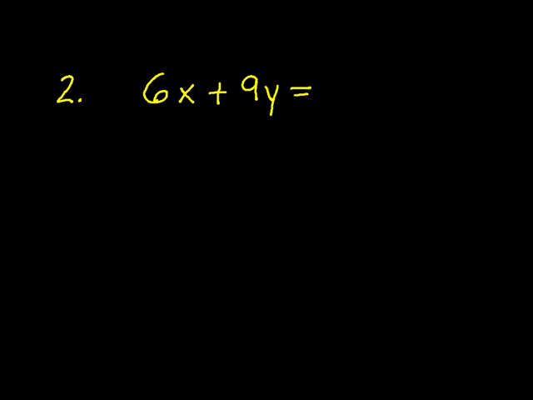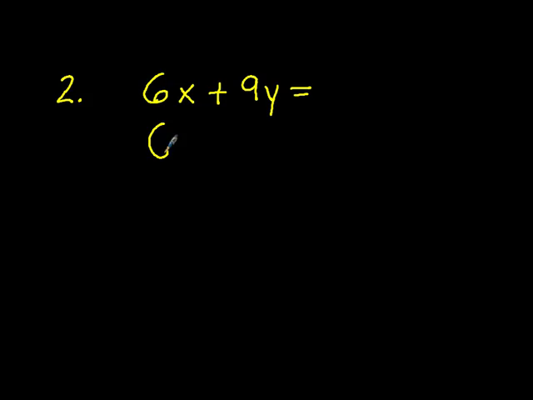Let's take a look at our next problem. 6x plus 9y. What is the question asking us to do? Again, we need to rewrite the expression as an equivalent expression in factored form, which means the expression is written as a product of factors. The number outside of the parentheses will be the GCF. So how would problem 2 look in expanded form?